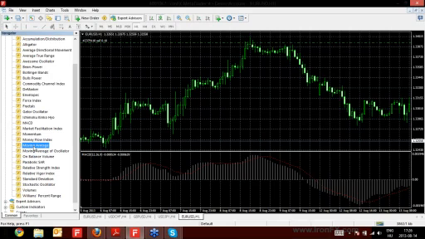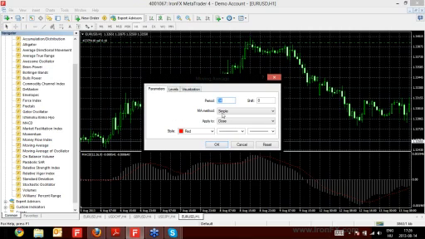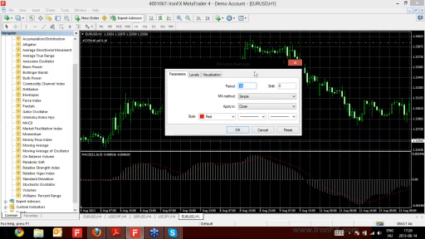In the MT4, it's also drag and drop again. You can set the calculation method here and the period also. If you drag down this MA method, it's going to give you exponential moving average, smoothed moving average, linearly weighted moving average. So you have the possibility to choose.